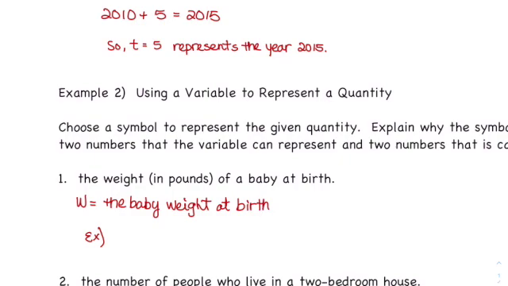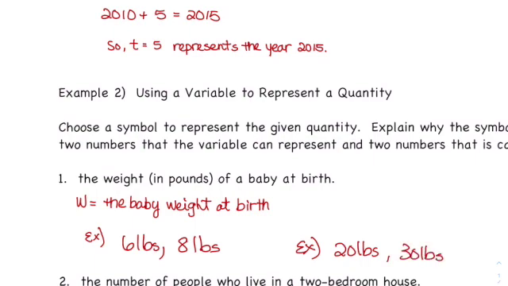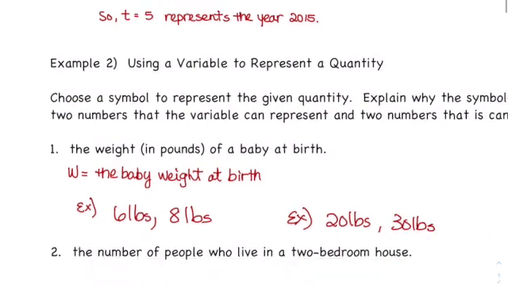You can have a 6-pound baby, maybe an 8-pound baby. You cannot have a 20-pound baby, or a 30-pound baby. I would like you to understand that there are certain numbers that work for a situation, and certain numbers that cannot work in the situation.